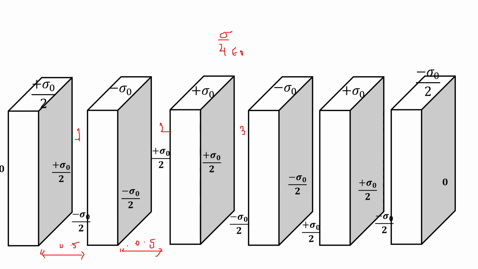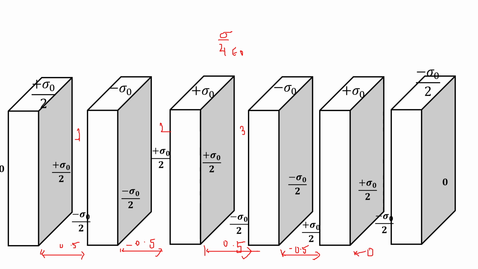Likewise we have plus 0.5, and then again minus 0.5, and the last one is plus 0.5. This is minus 0.5, and the last one is plus 0.5.